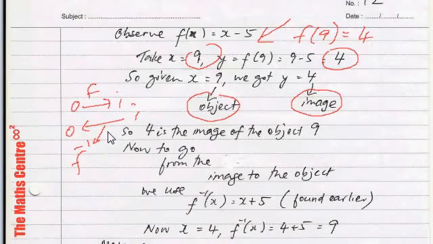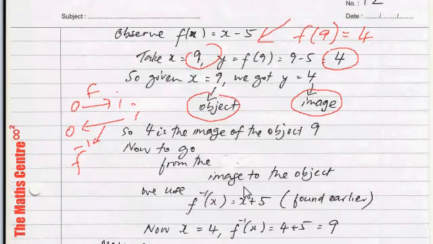That's the reason we study inverses. So if you have f inverse x, which we also found earlier to be x plus 5, remember from 9 we went to 4, now we want to go back to 9, we will use x equals to 4 now. If we use x equals to 4, we'll go back to 9.